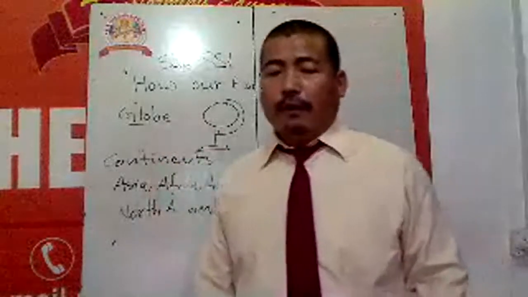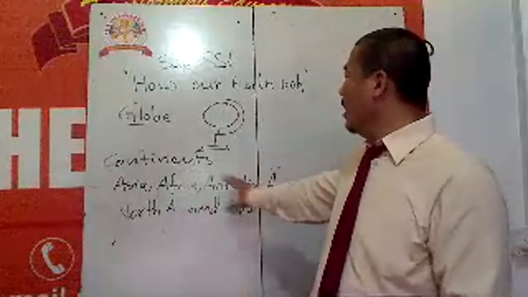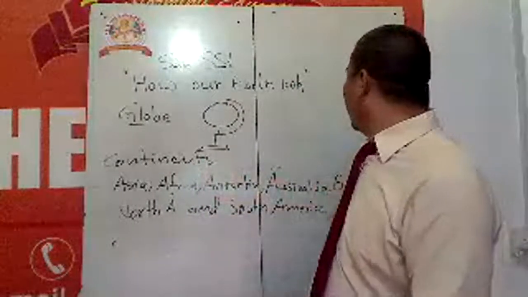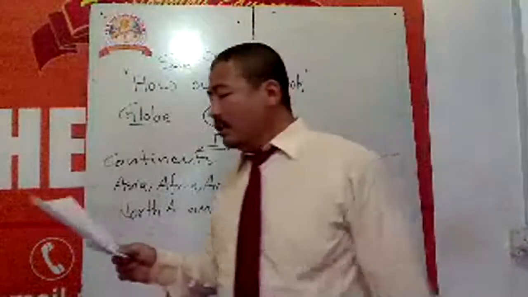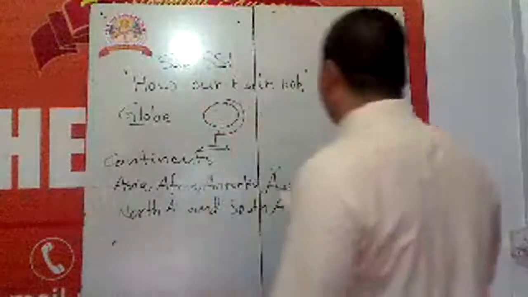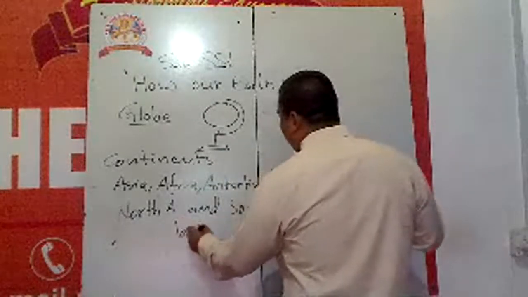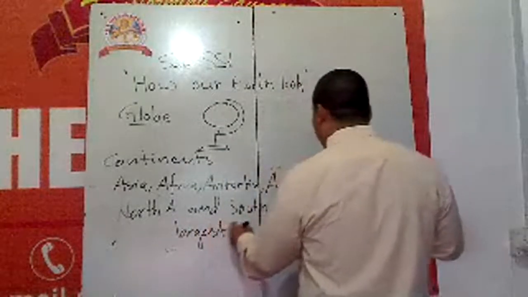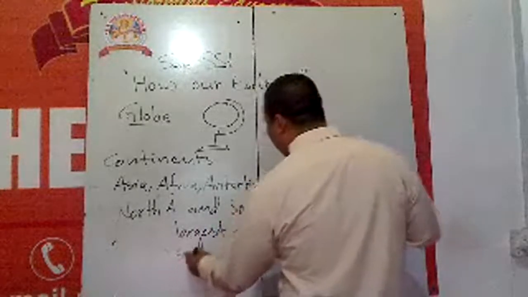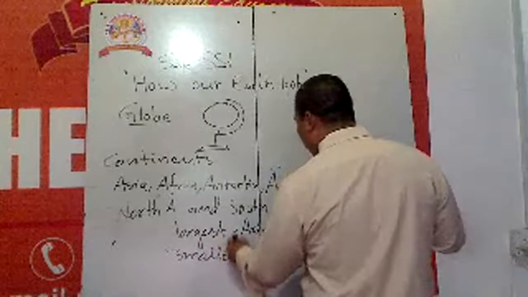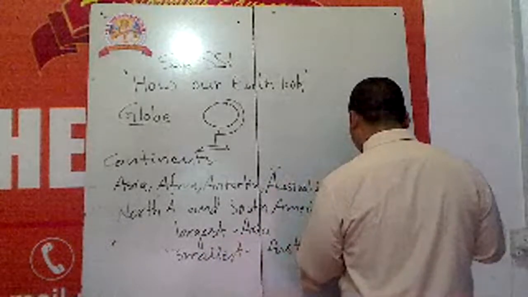Altogether, there are four water bodies we call oceans, and the land parts are Asia, Africa, Antarctica, Australia, Europe, North and South America. Among these, the largest continent is Asia, and the smallest is Australia.